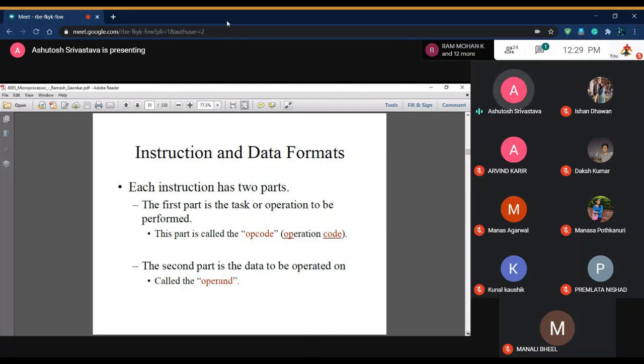The second part is your data itself to be operated upon, and we call it the operand. So opcode and operand.